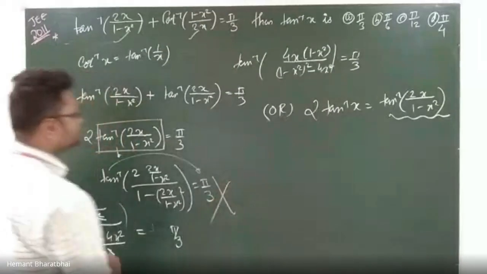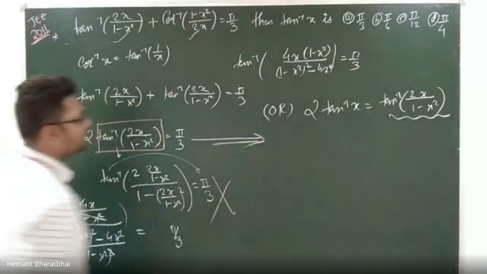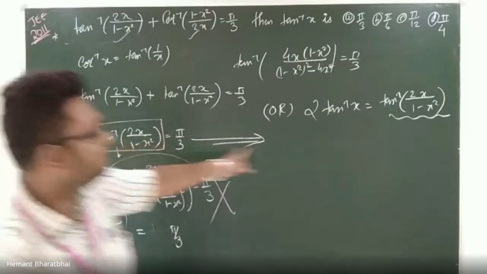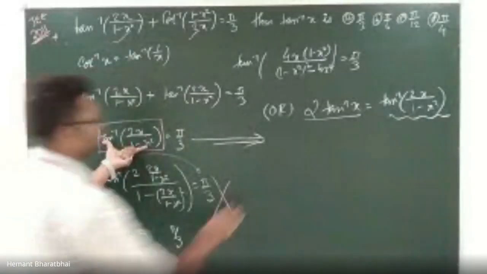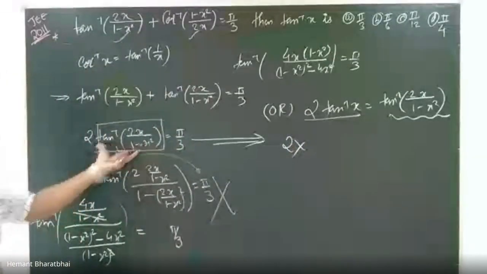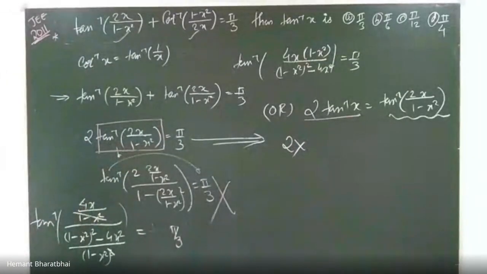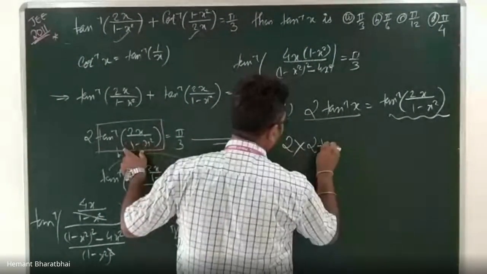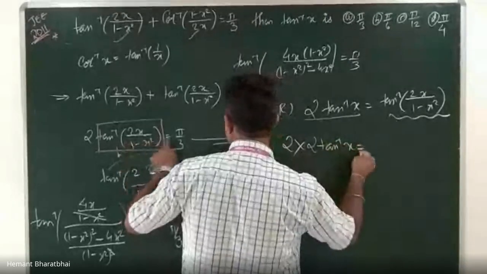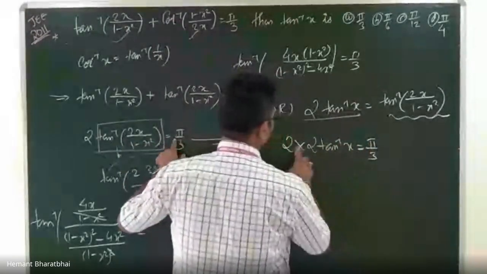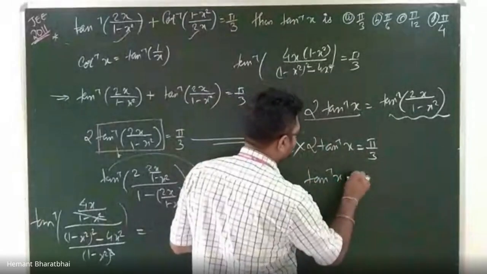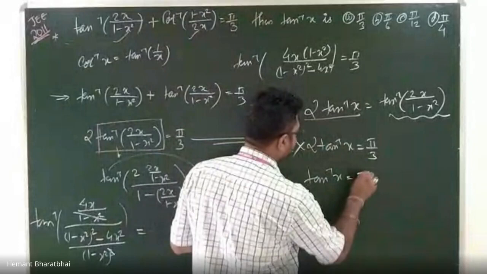So instead of solving, which is becoming complex, this is exactly this term, and I can write over there 2 tan inverse of x. So here this 2 is already there, and instead of this tan inverse of 2x upon 1 minus x square, I'll write 2 tan inverse of x is equals to pi by 3. So 2 into 2, 4, 4 goes over there. So directly I'll get tan inverse of x is equals to pi by 3 into 4, that is pi by 12.